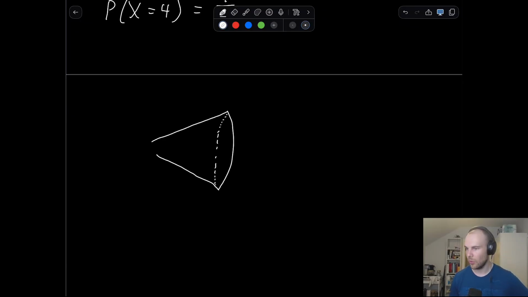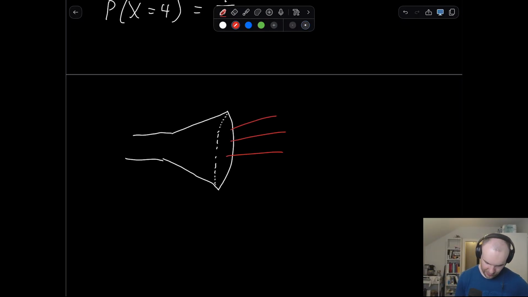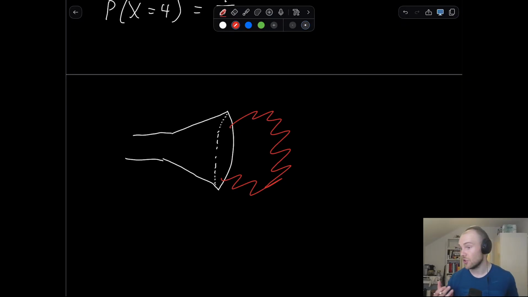In order to have thrust, we have to throw something behind, and that's of course just Newton's third law.